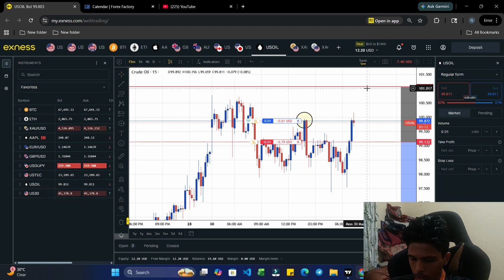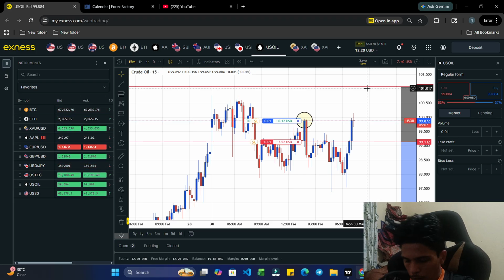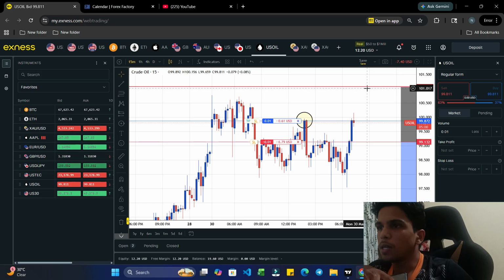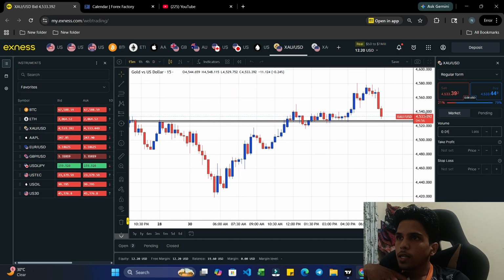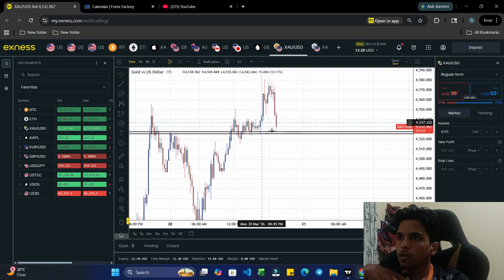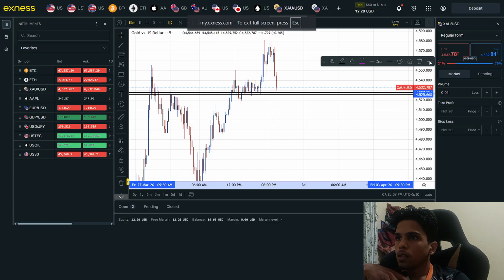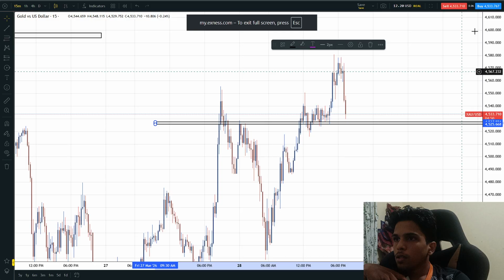So if he wanted to go up, this candle should close on the red. But we are focusing on the gold to make us some money from that trade also by taking the trade also here. But as you can see here, we have to maximize this chart.